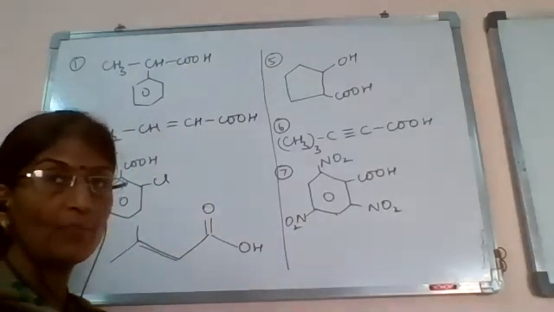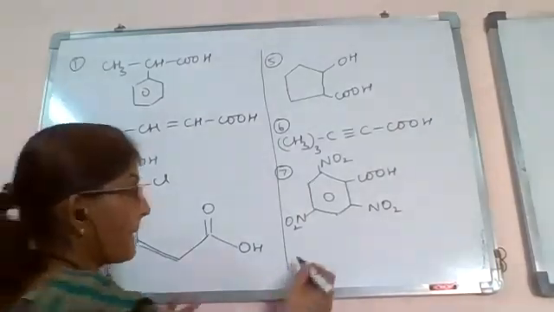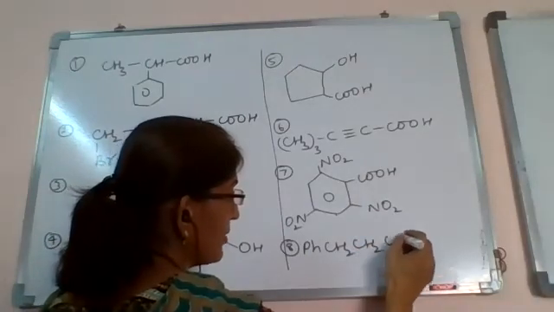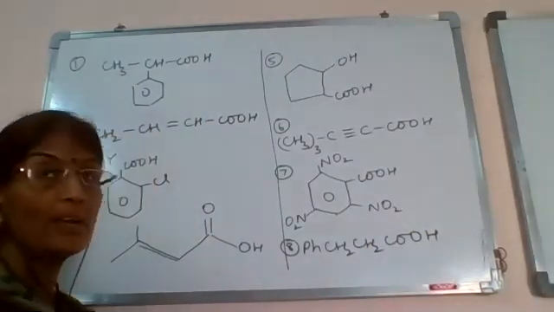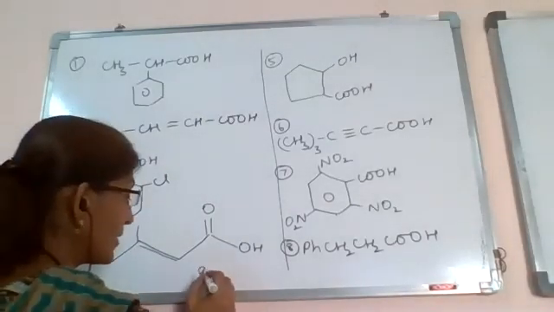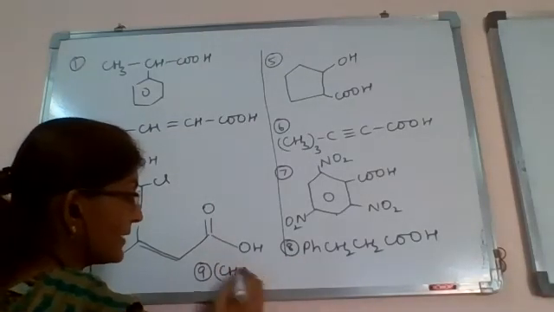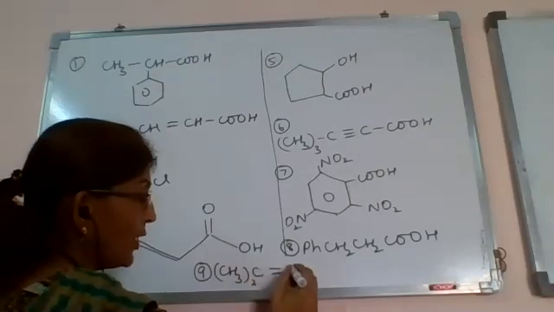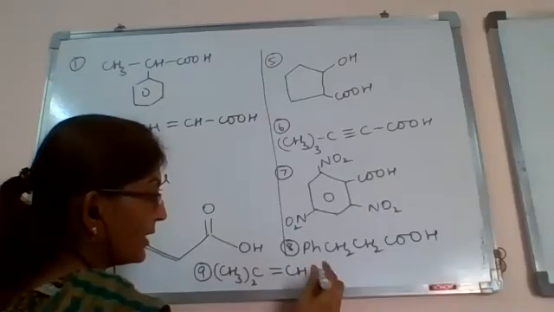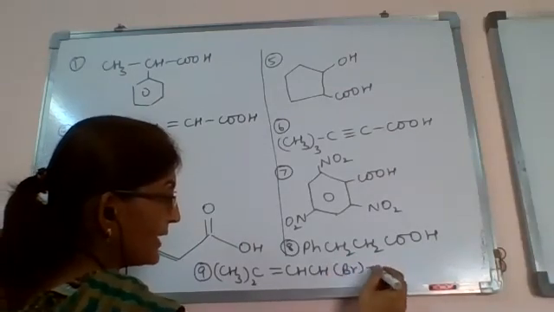Try to write the IUPAC name for these compounds. Next is Ph, CH2, CH2, COOH. Ph means phenyl ring. Next, ninth, it is CH3 twice, C double bond CH, CH2Br, and here it is COOH.